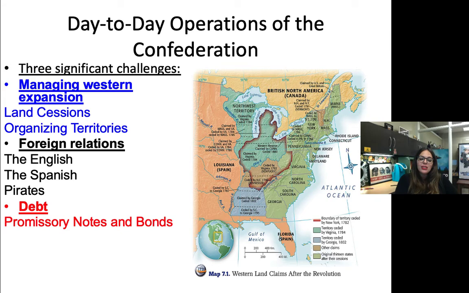A bond is essentially like you lend somebody money and they promise to pay it back plus interest. Well, guess what? We have no way to pay all of that debt, because we have no way to raise taxes, because the states have that authority, not the federal government. And so all of those promissory notes, all of that debt is not getting paid back as promised.